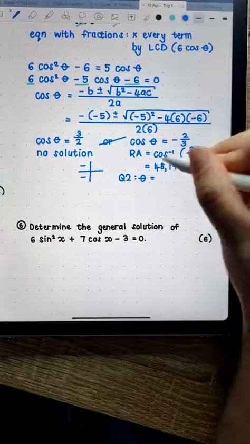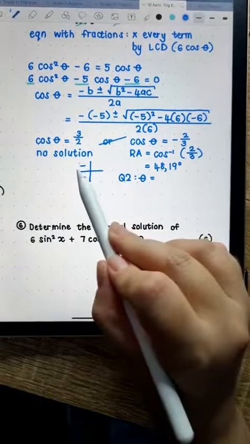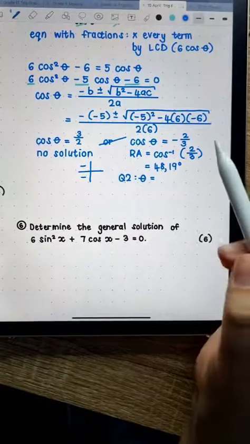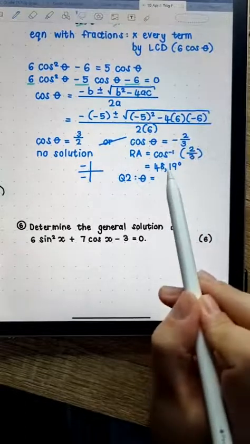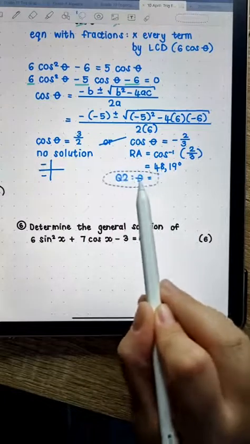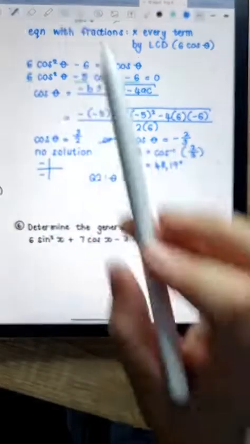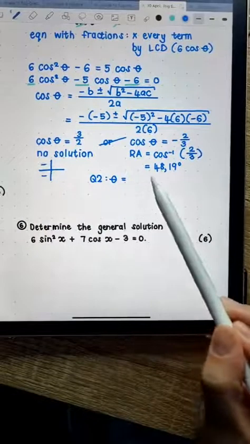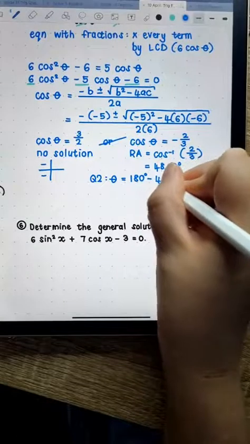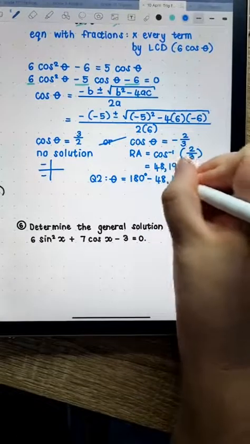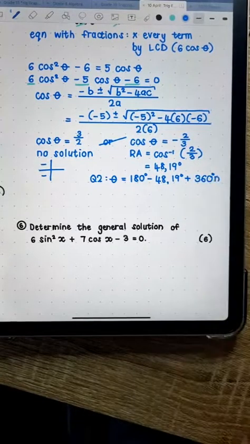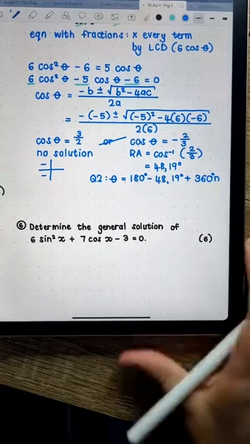Remember, for quadrant 2, we always do 180 minus the reference angle. That is how we are bringing that negative number into the mix, by working in the second quadrant. Again, plus 360n, because it's cos, the period of cos is 360.